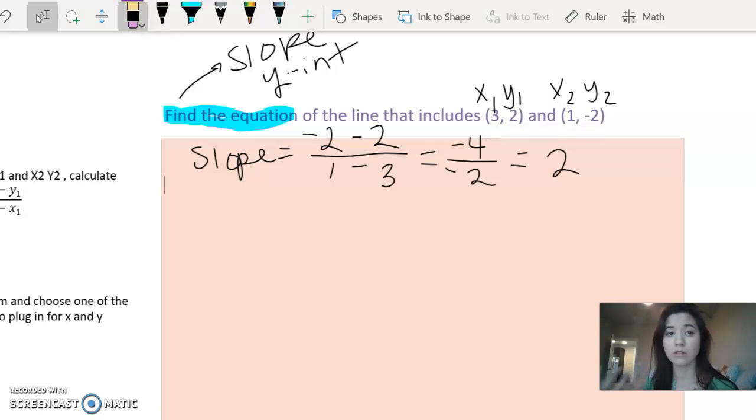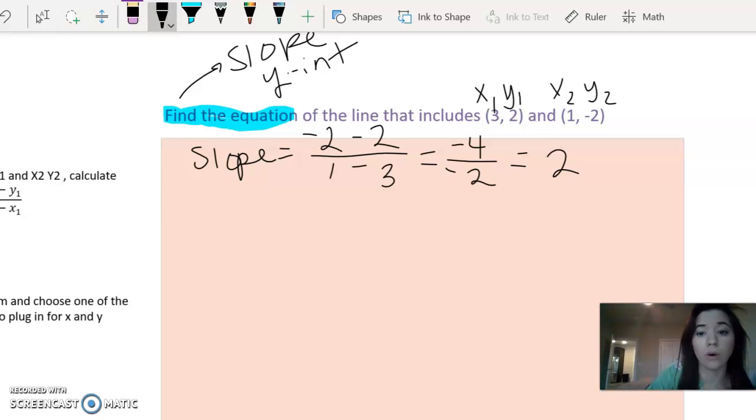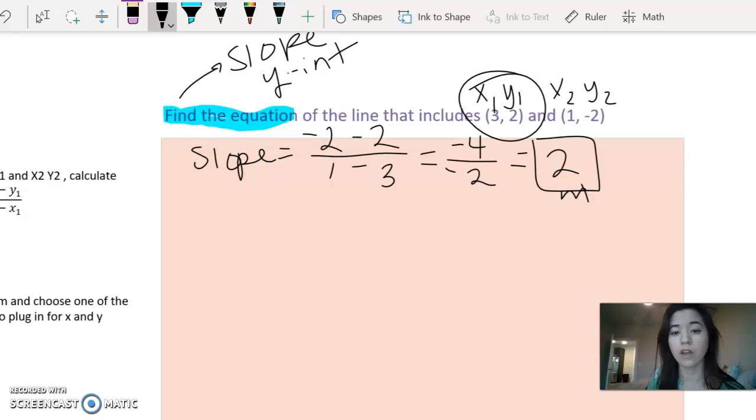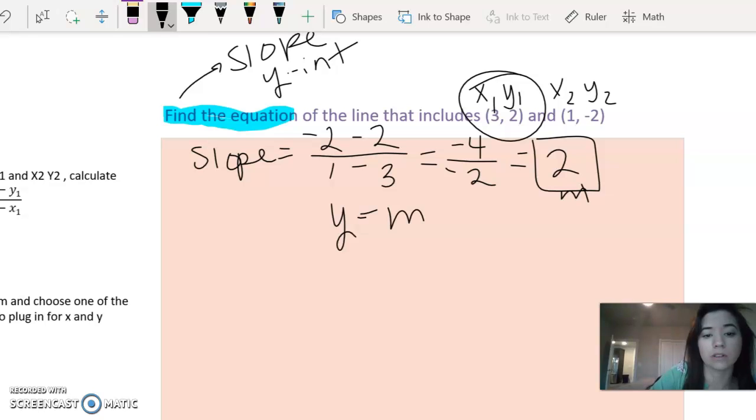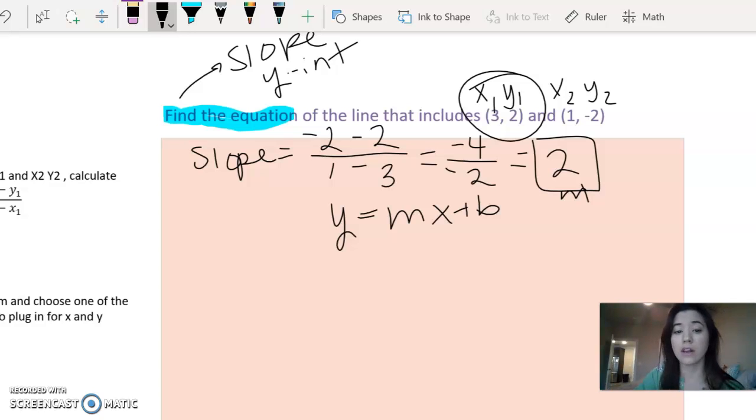Now, we can solve this just like problems from yesterday. We have a slope, our m value, and then we have an x and y value. So choose one of those points, take your slope, and then we're going to do the same thing we were doing. So write y equals mx plus b, and then we can plug in all of the pieces of information that we have. Now we have our slope, we need to find our y-intercept.